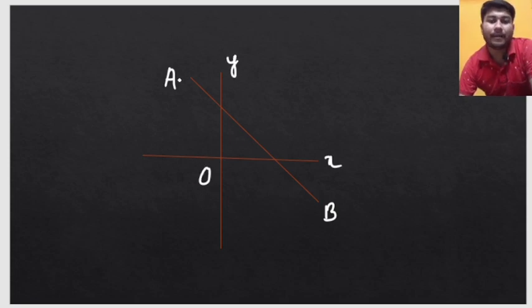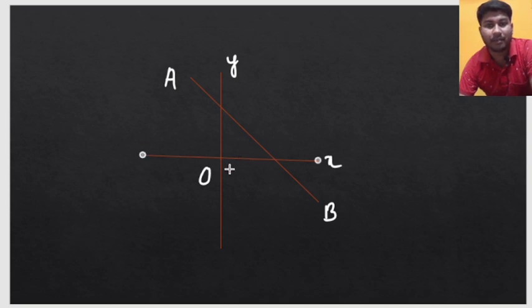Now here also we have to write down the equation of AB, but the form is different. This form is used when the length of the perpendicular from the origin to the line is given. I am giving the simplest way to understand.